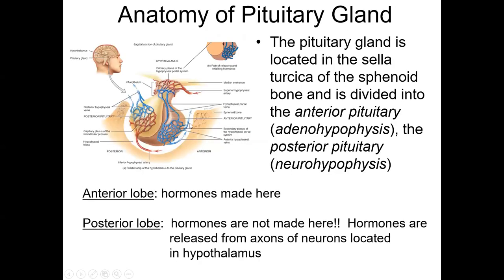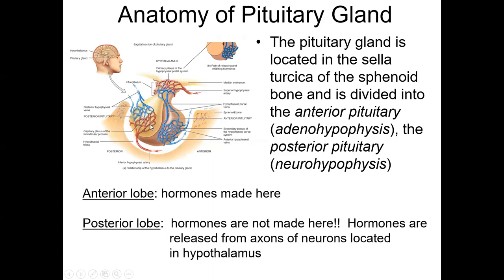So the pituitary gland itself is made up of two lobes, the anterior and the posterior lobe. The anterior pituitary, where the hormones are actually made, are under direct control of the hypothalamus, which is located way up here. We mentioned this in lab.